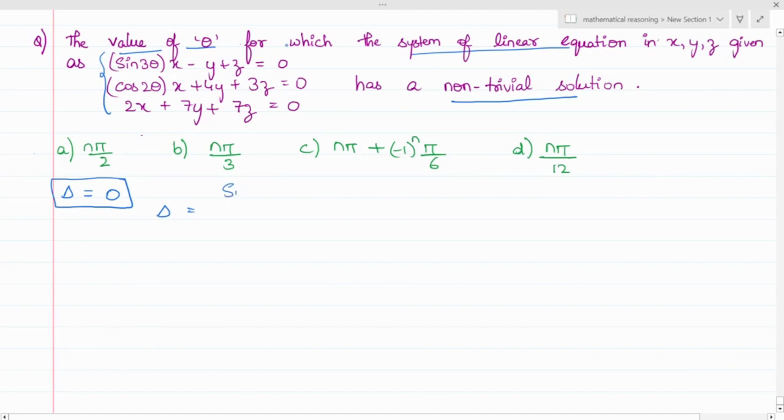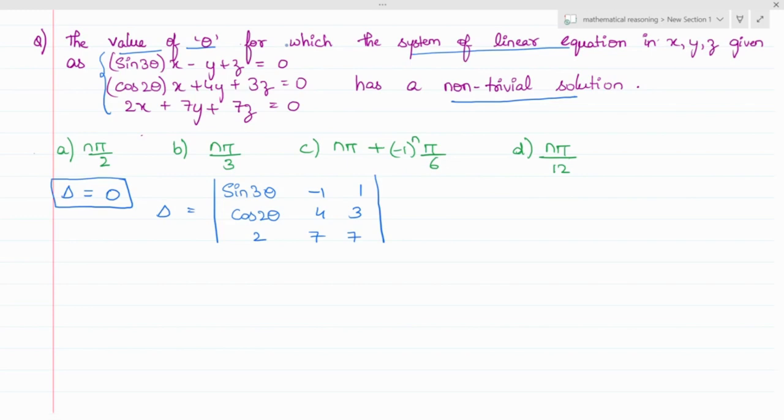That is, take the coefficients: sine 3 theta, minus 1, 1; cos 2 theta, 4, 3; 2, 7, 7. Just calculate the determinant. You can use any row or column transformations, but you can directly open the determinant also.